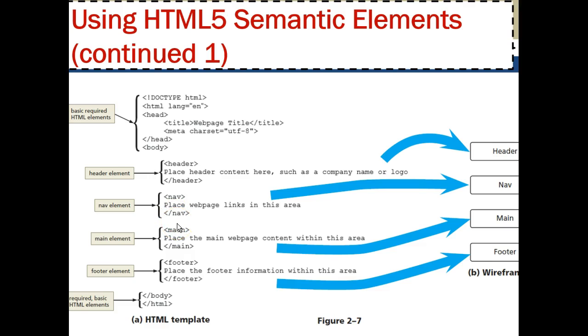And then the next one is the main element, which defines the main content of a web page. The main element also starts with the main tag and you need to close it with the main tag. And then you will have a footer element, which defines the bottom or footer area of the web page, and that could include the copyright information or things like that.